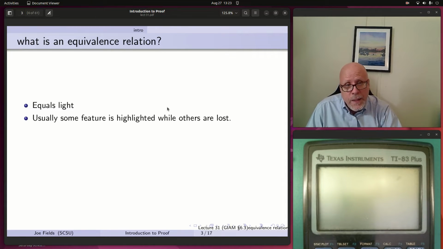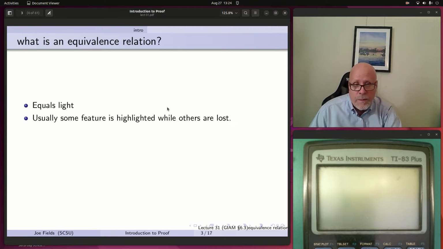What gets highlighted is what your remainder is when you get divided by n, and what gets lost is your literal identity. We know that, for instance, 17 and 7 are both 2 mod 5. So those will be thought of as equivalent, but clearly they're not equal. The thing that gets highlighted is remainder. What gets lost is actual identity.